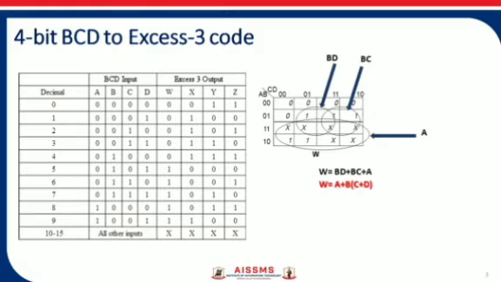By considering the W column and A, B, C, D as the input, the K-map is shown here on the right hand side. According to the bit sequence of A, B, C, D, we put values inside the K-map. Wherever W is equal to 1, that value we put there.